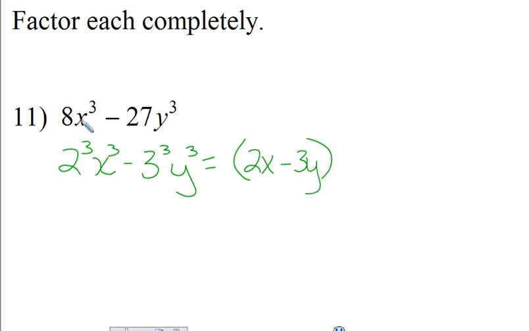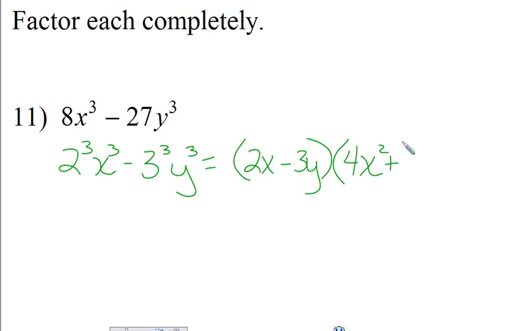You're really just taking the cubic root of 8x cubed, and that's 2x, and the cubic root of 27y cubed, and that's 3y. In the trinomial, again, you're going to square the first term. Well, 2x squared is 4x squared, plus the product of 3y times 2x.